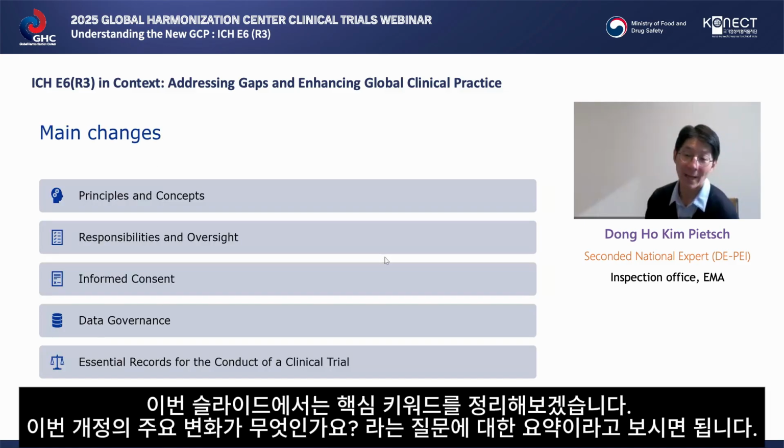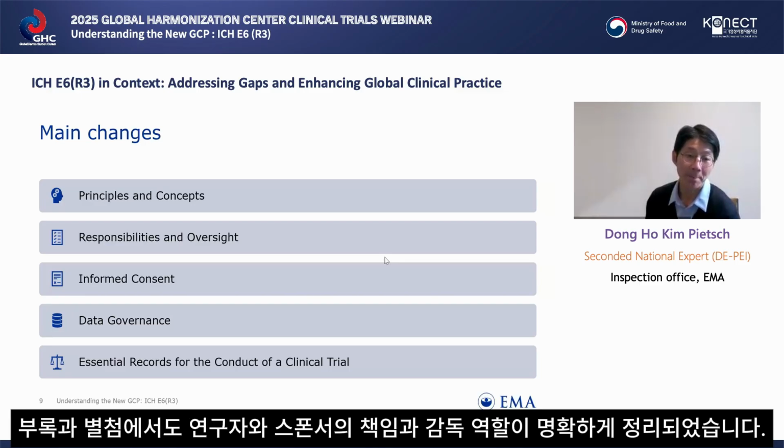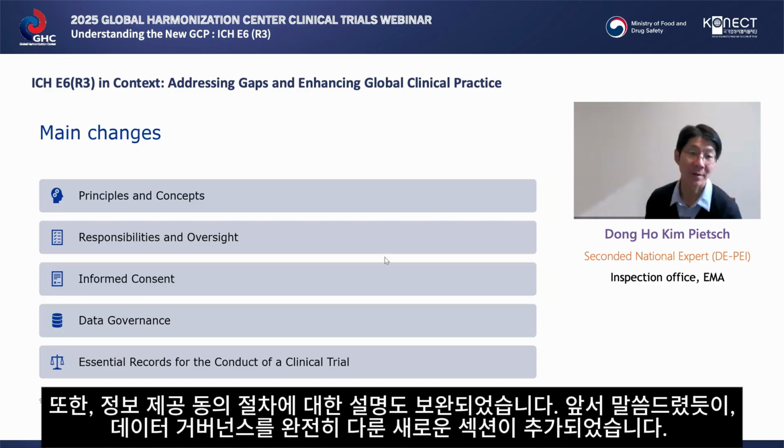Here again, on one slide, are keywords, if you're asking what the main changes are in a few terms. It's really a refocus on the principles, the structure of the document has changed as well, and there are concepts which run throughout the whole guideline, including the appendix and the annex. It also clarifies the responsibilities and oversight by the investigator and sponsors.